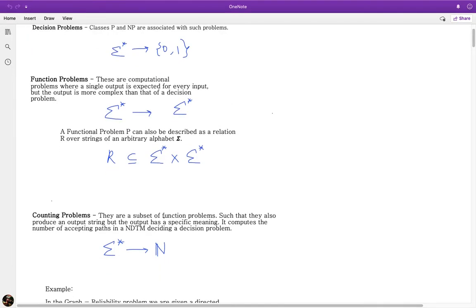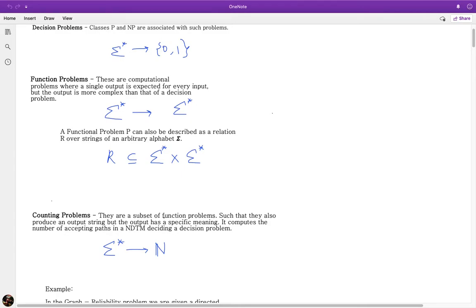R is a set of all the elements where each element is an input string and the respective output string. So these are the general types of problems, and decision problems are a subset of such problems, because 0 and 1 are also strings, right? So decision problems are just a subset of function problems.